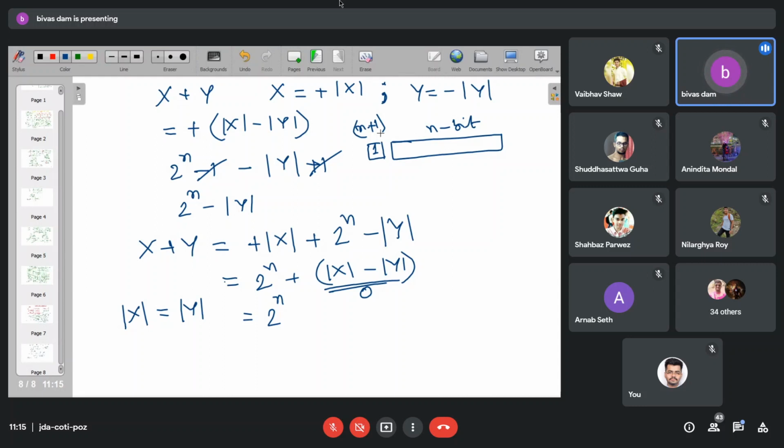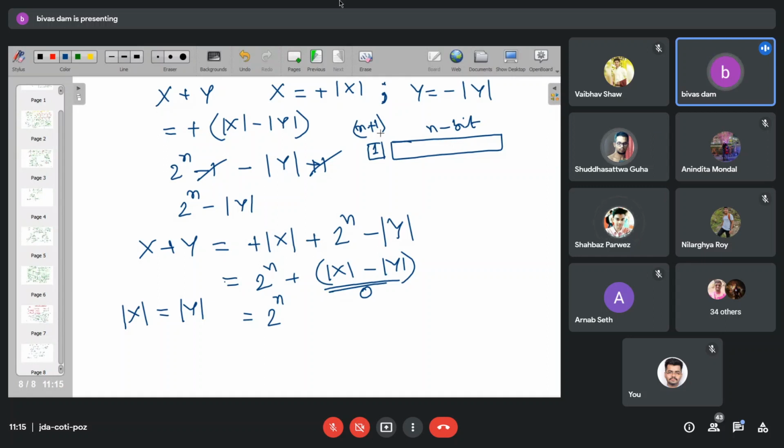Now, what is the required result in this particular situation? What is the required result when the magnitudes of x and y are the same? It's 0. So how do you get the 0 result? If you ignore this end around carry or the final carry.